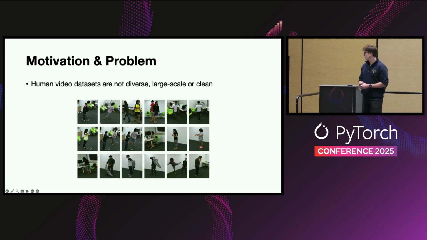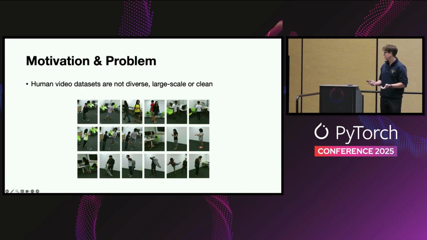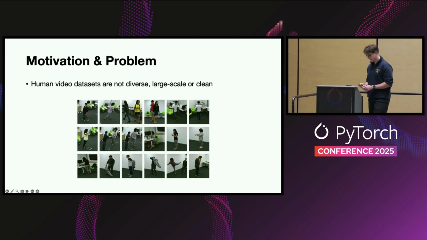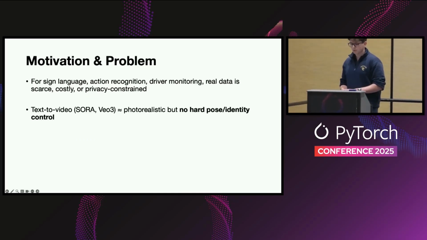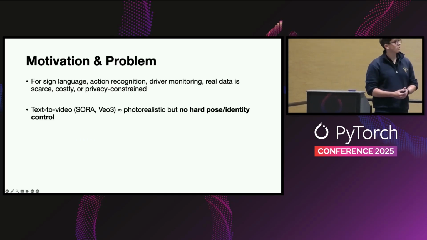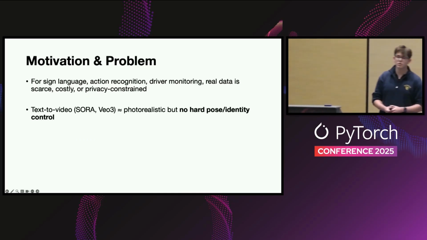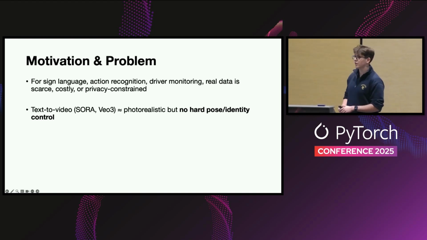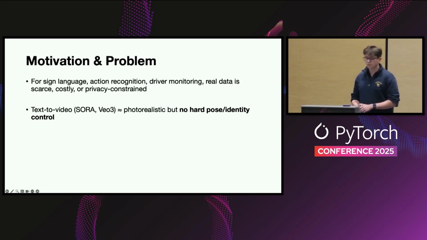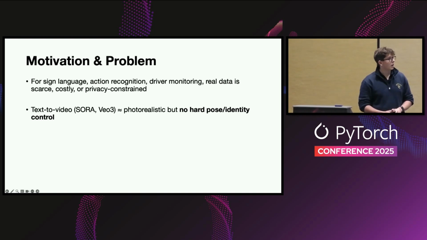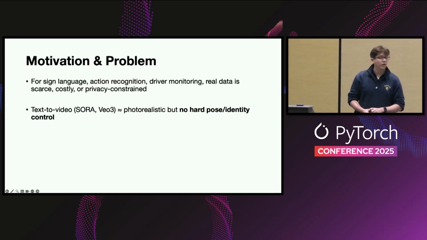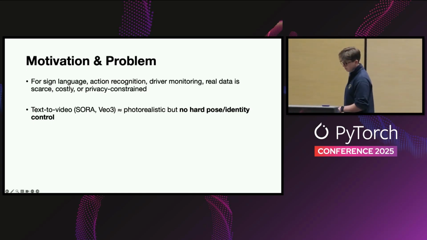This is a screenshot from a dataset called NTU RGB, which, as you can see, is just in one room, with like 4 people, so the model then doesn't generalize really well. And for sign language, action recognition, or driver monitoring, the real data are very scarce or costly to make and sometimes even privacy constrained.